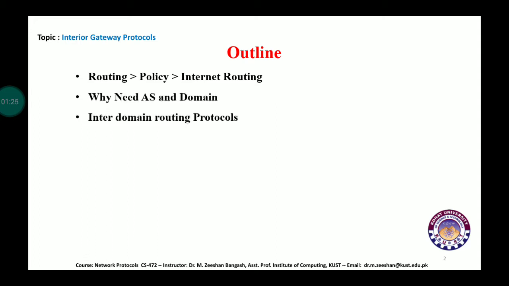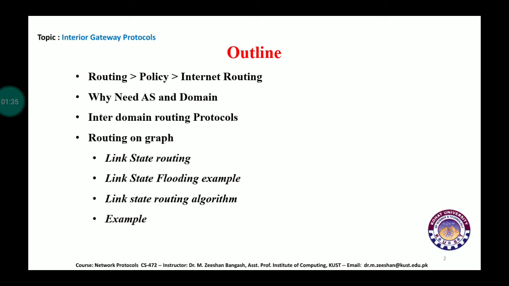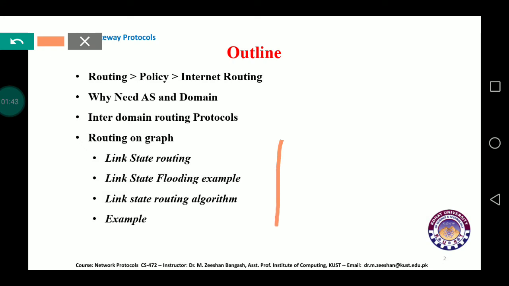Then we will be discussing in detail the inter-domain routing protocols, and in particular we'll be talking about routing on a graph. We'll discuss in detail the link state routing, and we'll study Dijkstra's algorithm with the help of an example in our today's discussion.